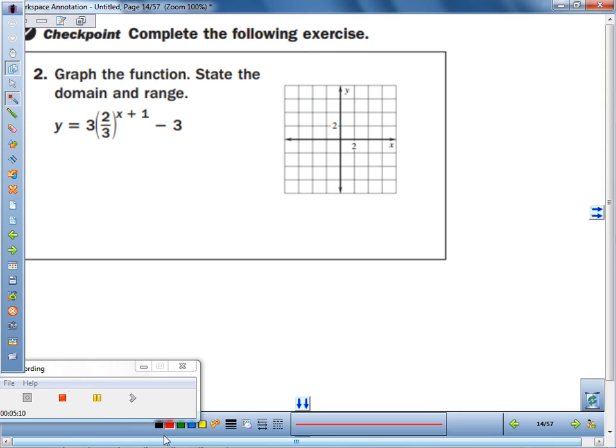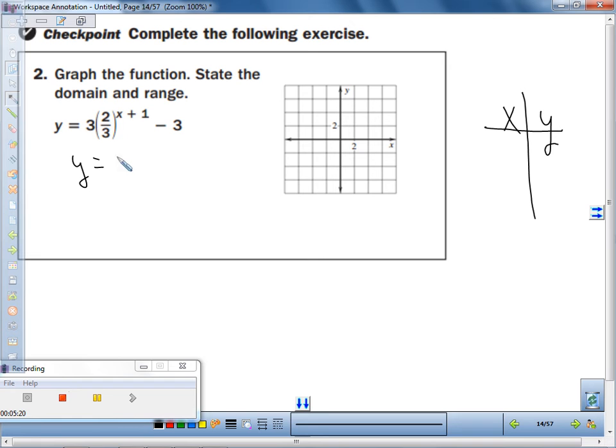Alright, let's look at this one. First I'm going to come up with some values for x and y. Again, we're going to use this part and then translate it using the 1 and the -3. The first values I'm going to choose for x are 0 and 1.